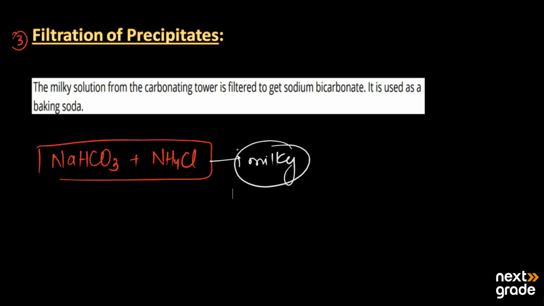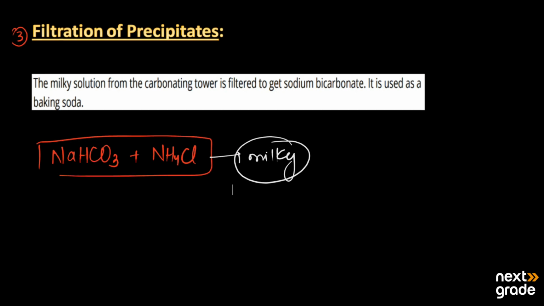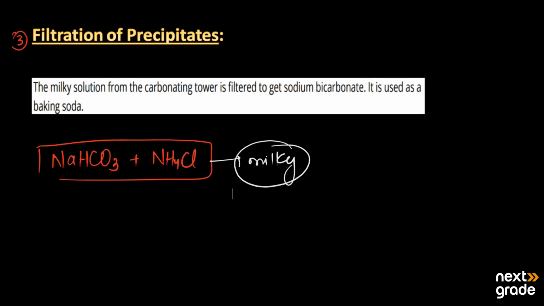We have to separate it out from the carbonation tower by the process of filtration. In this way, we get the sodium bicarbonate that is precipitated out, and then it is used for making sodium carbonate, which is Na2CO3.